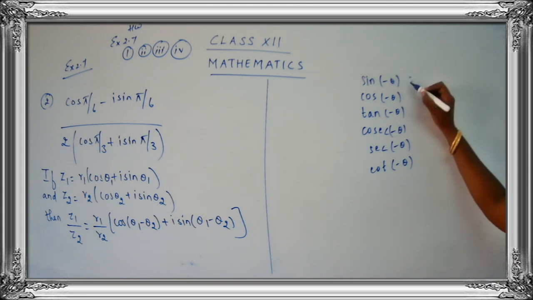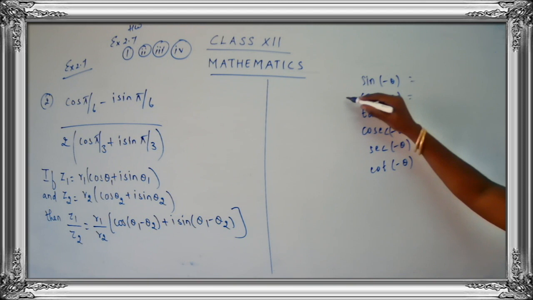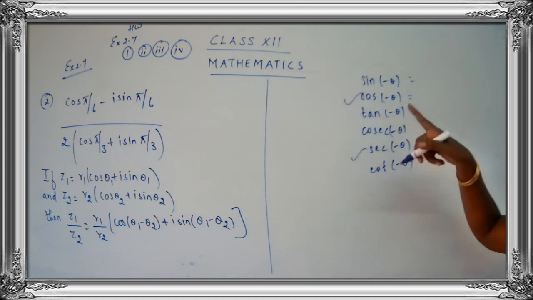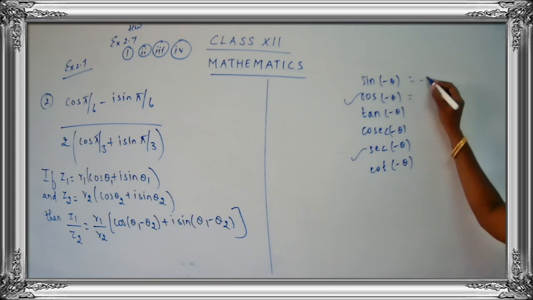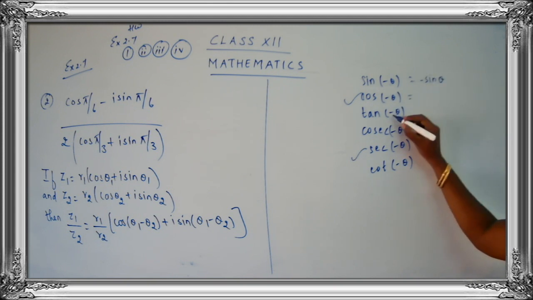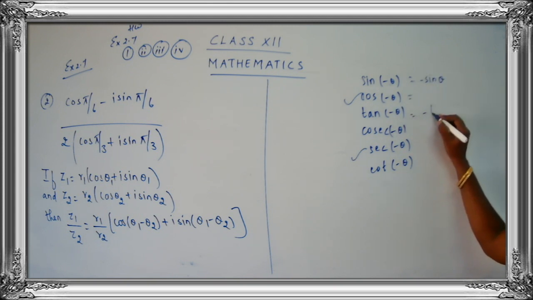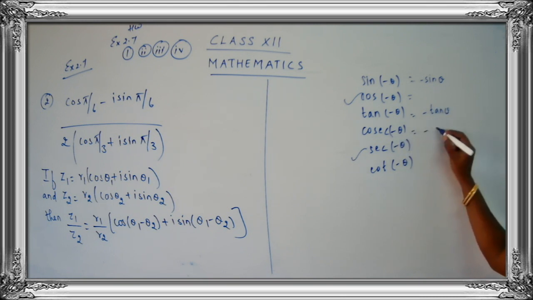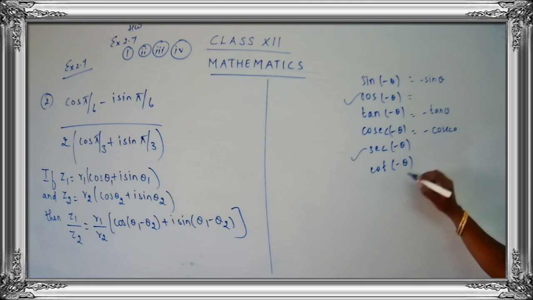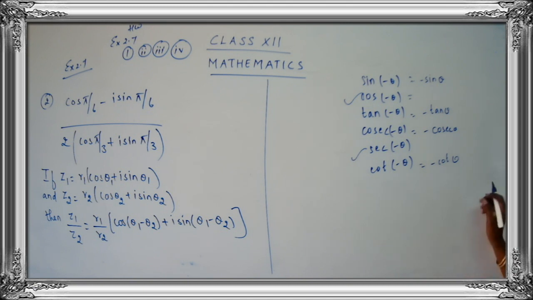So for everything except cos and sec, you get a negative answer. That is, sine of minus theta turns out to be minus sine theta. Tan of minus theta turns out to be minus tan theta. Cosec of minus theta turns out to be minus cosec theta. Cot of minus theta is minus cot theta. I hope you people remember this, children. Yes, we have just seen this in our unit 3, trigonometry.